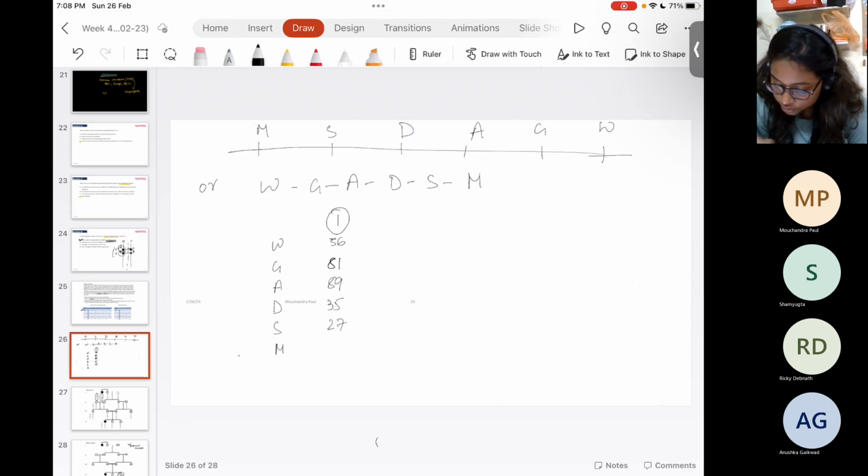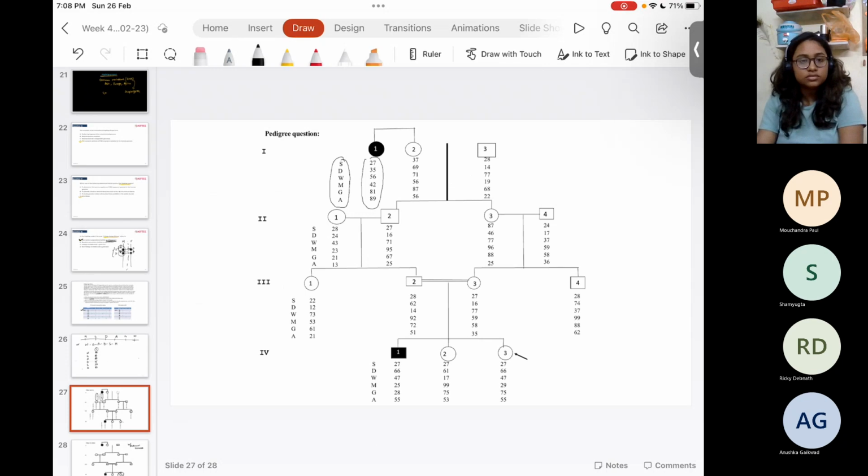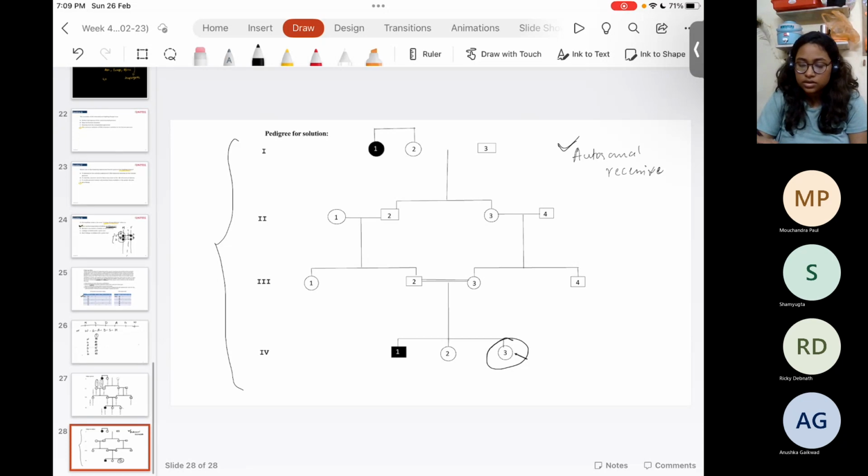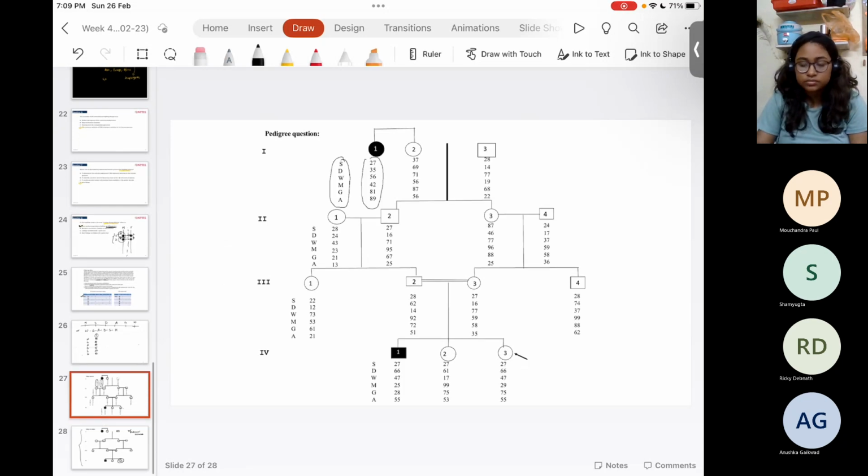M 42. Similarly, you have to write for all the individuals and complete this pedigree. So this is a task when you do it on your own. You have to write the sequence. You will find a region within this sequence where you will find homozygosity.